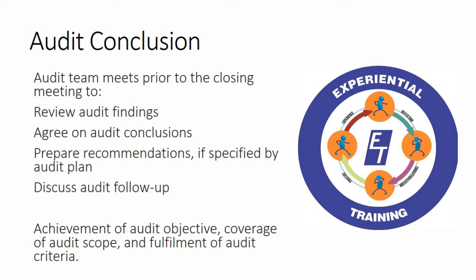So now we are reaching the last step of the audit interview and data collection process, where the audit team sits together, and the lead auditor takes the lead, and takes all the audit findings from all the auditors and makes the final conclusion. This is done prior to the closing meeting. All audit findings are reviewed, and the audit team agrees on the conclusion.